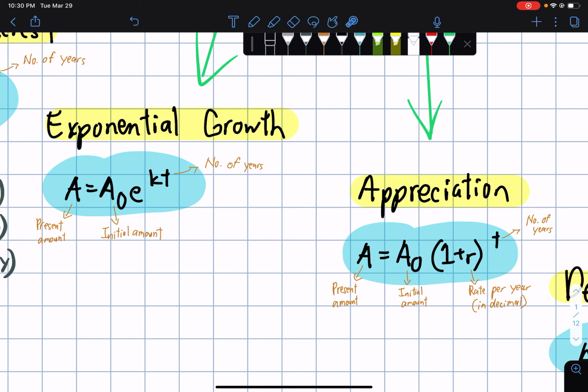K is basically the constant of proportion, if I'm not mistaken. You solve it provided that you have particular values. I'll be explaining that later. For T, again, it's the time, number of years, months, whatever that is.